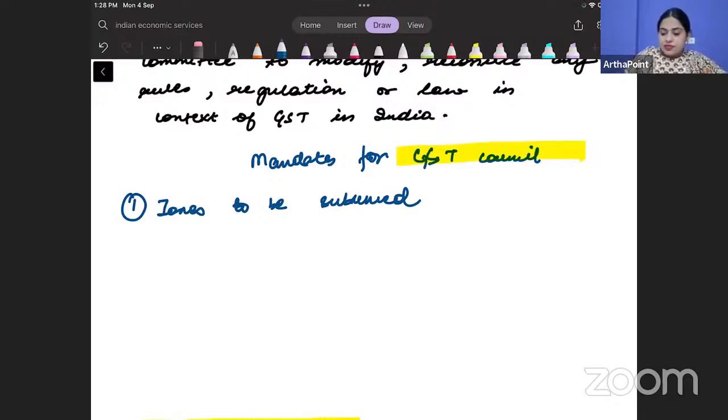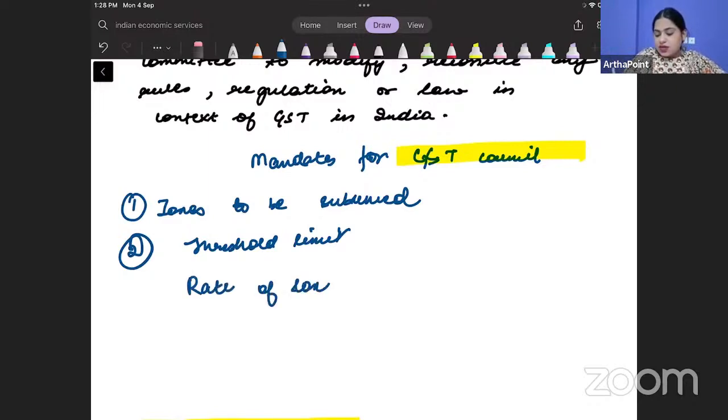Second, threshold limit. किस प्रोडक्ट पे कितना मैक्सिमम टैक्स लग सकता है? That is to be decided. Rate of tax, slabs of tax, right?